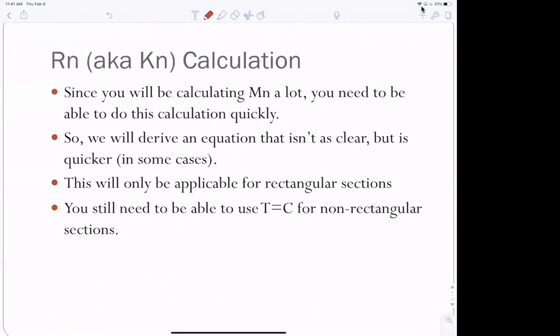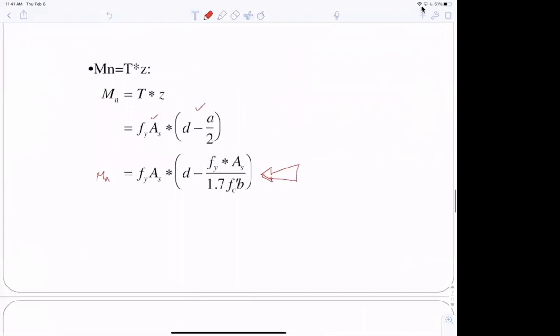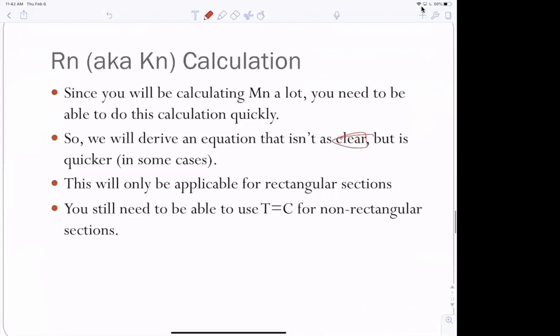You're going to do this a lot. And so you want to be able to do this quickly and accurately. So we're going to make an equation, and it's not as clear, right? Because if you look at this, you can sort of see like, oh, I remember that's T. This is sort of like C, and oh, there's T times Z. I mean, you can sort of see it if you remember the derivation, but what we're about to do will make that all go away.